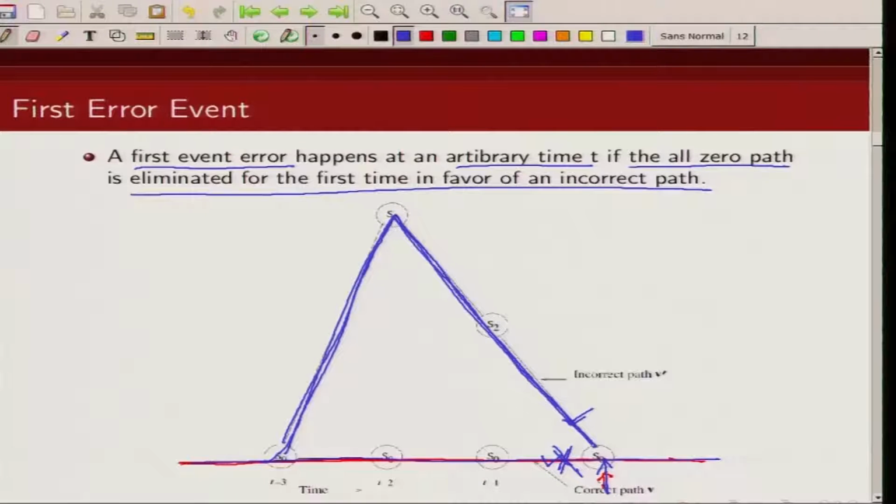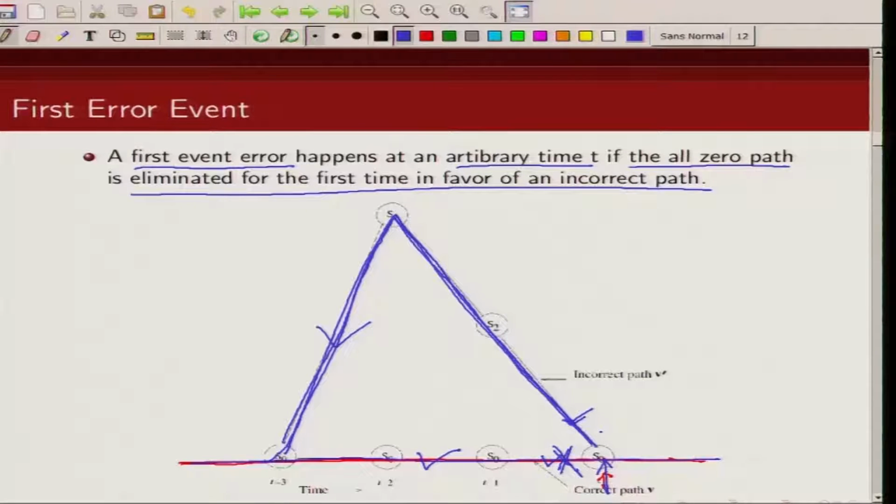Now, when will you decide in favor of this path rather than this path? When there are more than 3 errors, such that your received sequence is closer to this sequence rather than this, then you will make an error. Or let us say this path had weight 8.